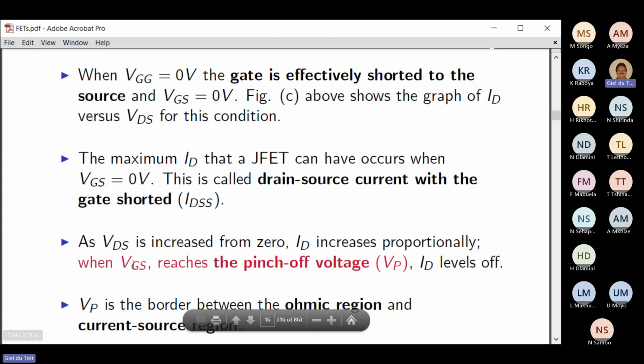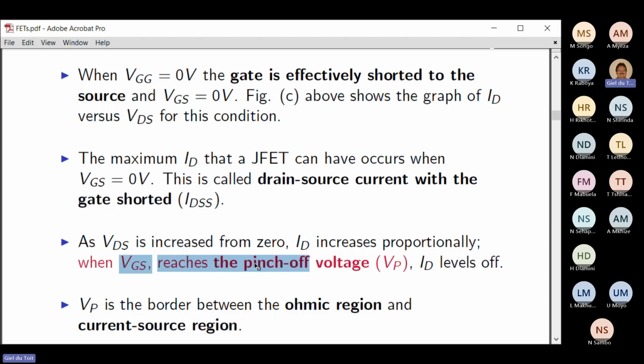So when the voltage on the gate reaches the pinch-off voltage, the drain current becomes 0. So this is that -4 volt that we put on. If we put -4 volt, which is the maximum voltage, we call it the pinch-off voltage. The pinch-off voltage means we switch the FET basically off and there's no drain current flowing. That's what that means. Are there any questions on this, people?